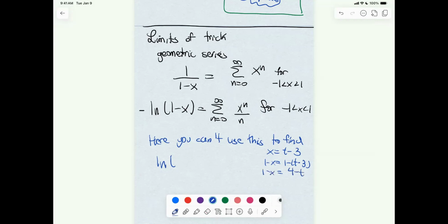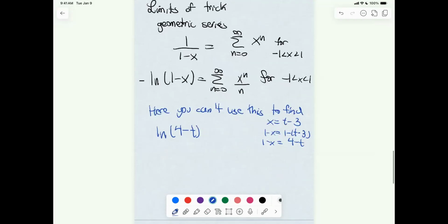Right. So if I had asked you to find ln of 4 minus t, for whatever reason, then you can use that, provided the t satisfies the corresponding inequalities under these restrictions. So what would that give you?